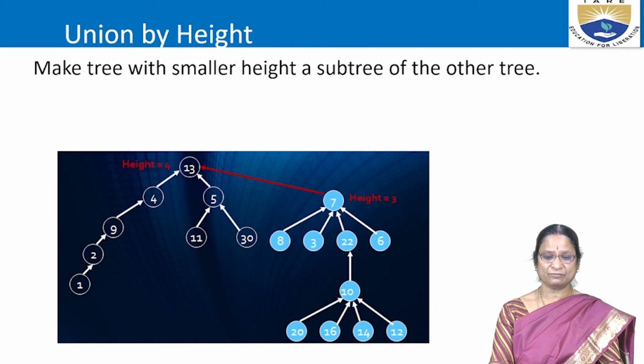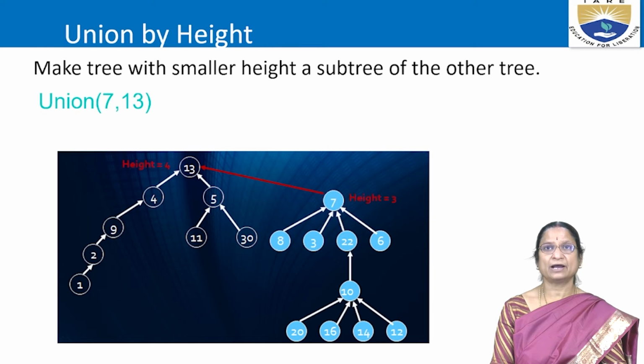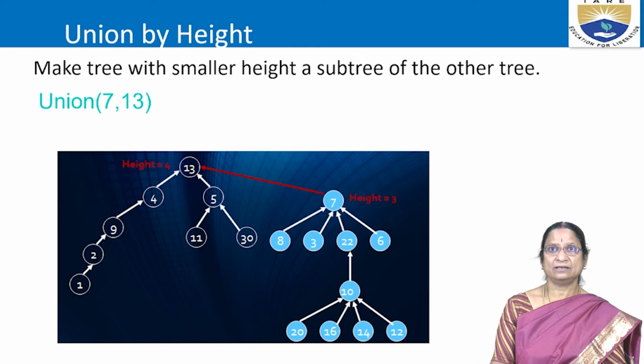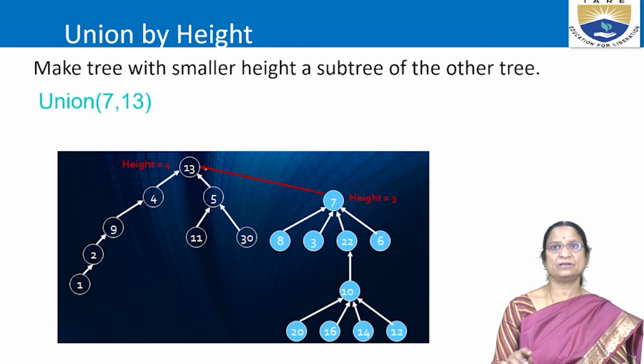So in this example, if you observe 13, what is the height here? 1, 2, 3, 4. The height of this tree is 4. And the height of the tree with 7 is 3. So what is the least height? This is the least height, so this becomes a subtree of 13.